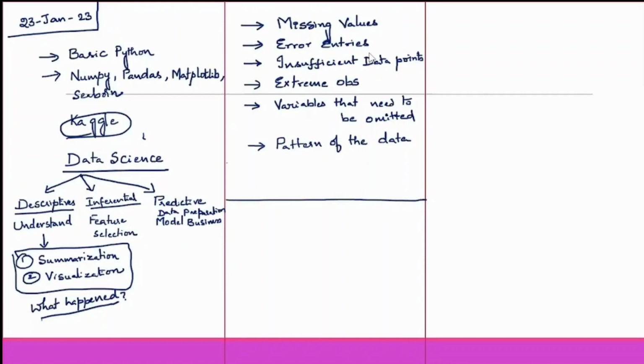So you start off with the descriptives, try to find out if there are any missing values or erroneous entries, and once that stage is done, do the necessary correction.